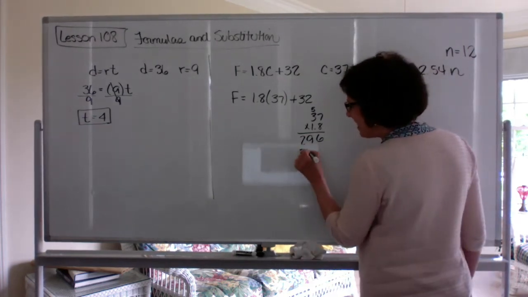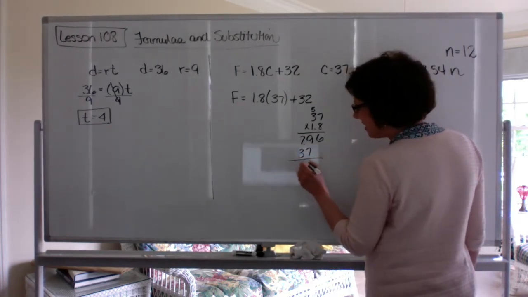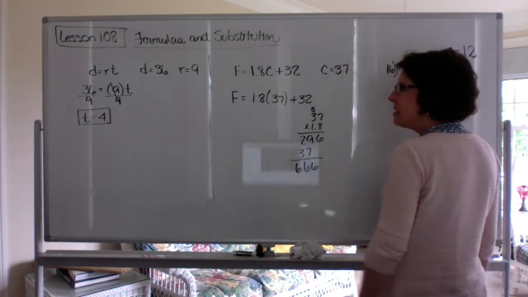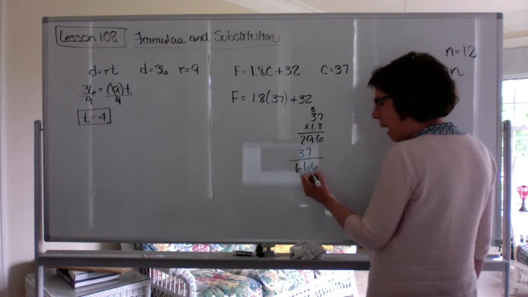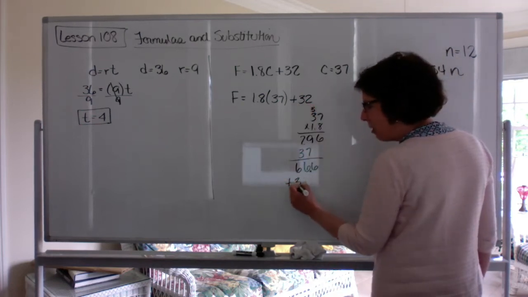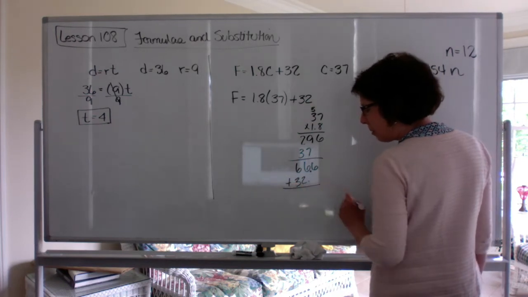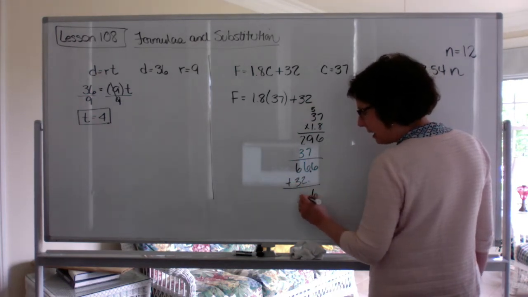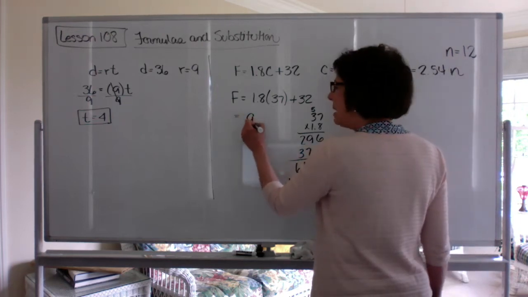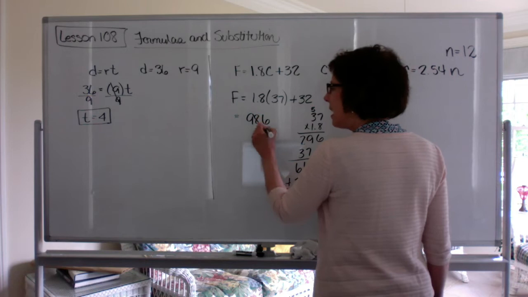Okay, it's 37, and then I have a 6, 9 and 7 is 16. Oh, weird. Okay, so 66.6. Now I've got that decimal point. Let's add 32 to it. Watch that decimal place. And I've got 6 here, 8, and a 9. And so my answer is 98.6.